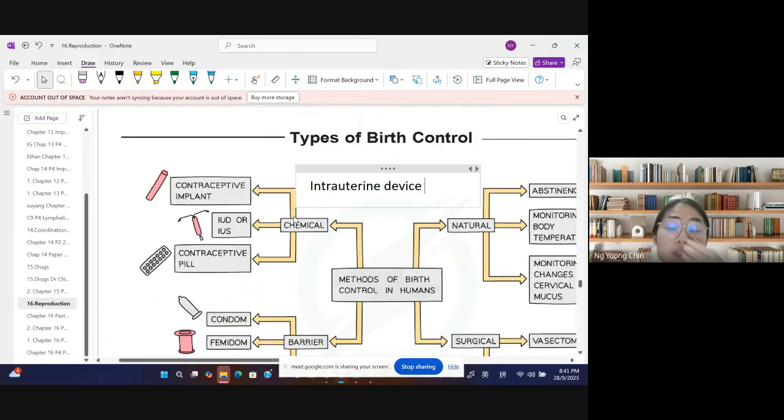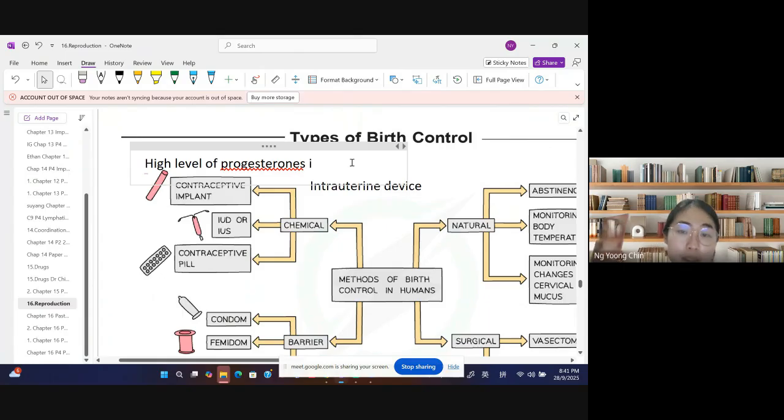So that prevents the production of new follicles, because you have a very high level of progesterone. We already know that a high level of progesterone will inhibit FSH and LH secretion. That's why women take implants or pills, so they constantly get a very high amount of progesterone or estrogen.